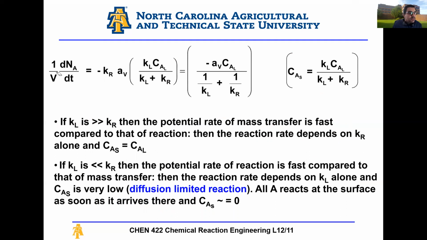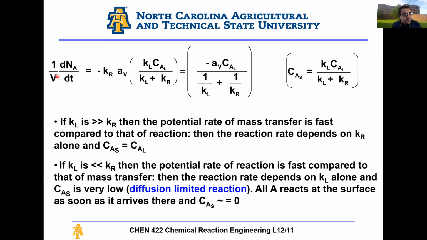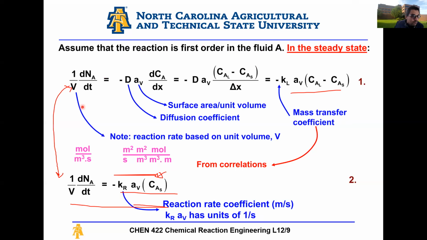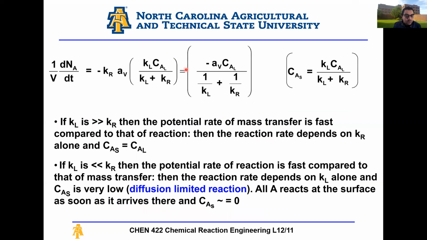So now let's take a closer look at this equation and try to analyze it a bit. This is the reaction rate based on unit volume, the overall change in number of moles per unit volume, and it is equal to my driving force, which is the AV, the surface area per unit volume, multiplied by CAL.